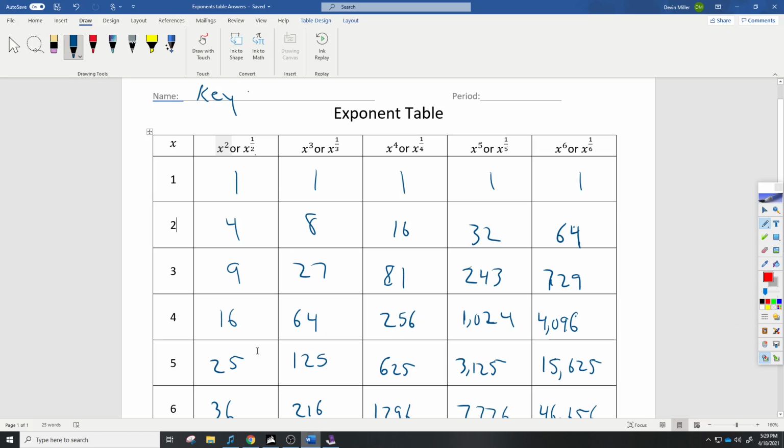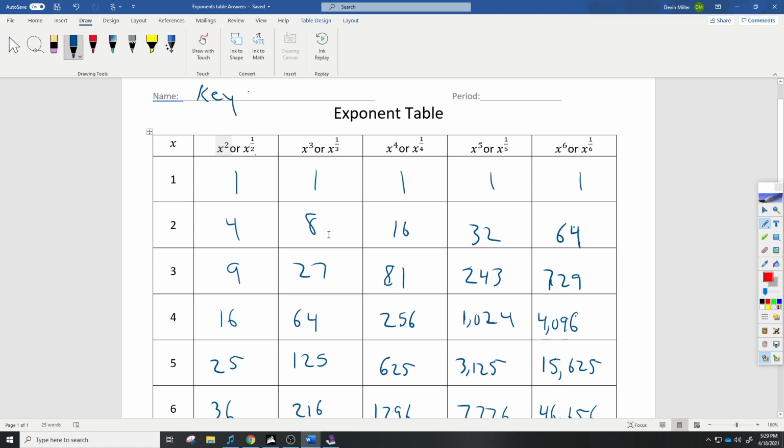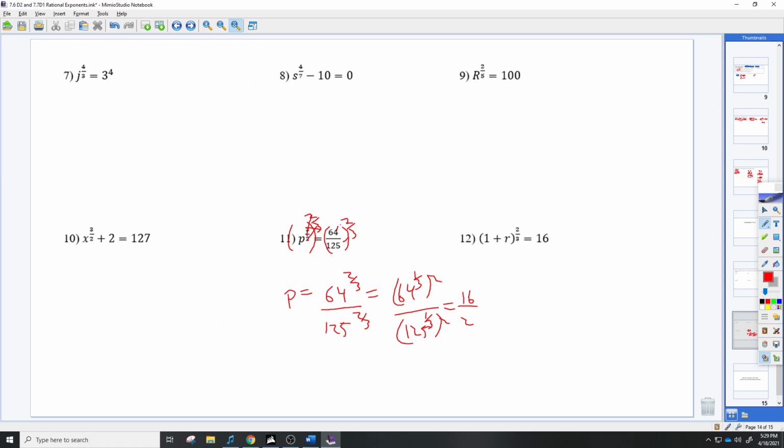So this would be 4 squared, which would be the number 16. The bottom, 125 to the 1/3. Here's 1/3. 125, that's 5. And then we're squaring 5, which is 25. Again, if you did this in the calculator, you would probably get a decimal, but you can convert that to a fraction. This would be the answer as a fraction. So it's p equals 16/25.